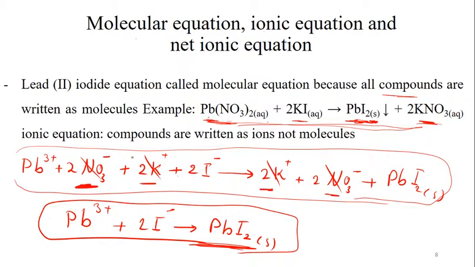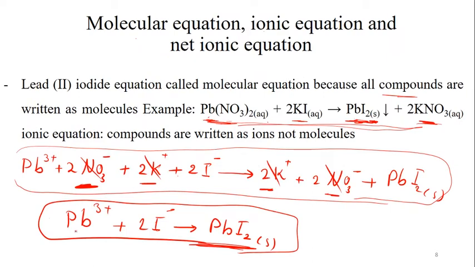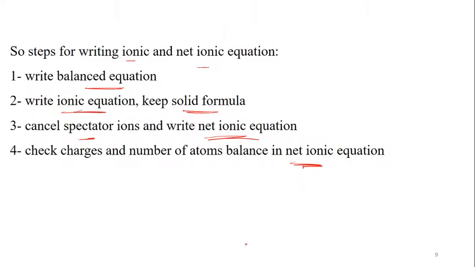So I cancel spectator ions and keep the rest of the ions. This will be my net ionic equation. Then I have to check my charges and the number of atoms to see if my net ionic equation is balanced or not. So here I could see that I have 1 lead and 2 iodide, and I ended up with 1 lead and 2 iodide ions.